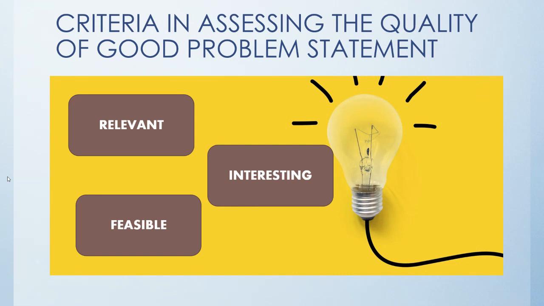Sometimes we need to be more specific, and then manage to conduct problem statement ni. For example, a problem statement that is too broad in scope. For example, how does restaurant patron in Malaysia behave? That is too broad.